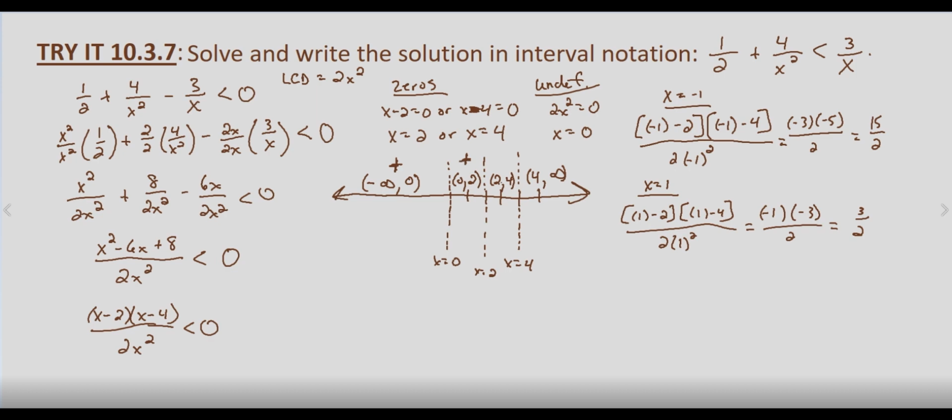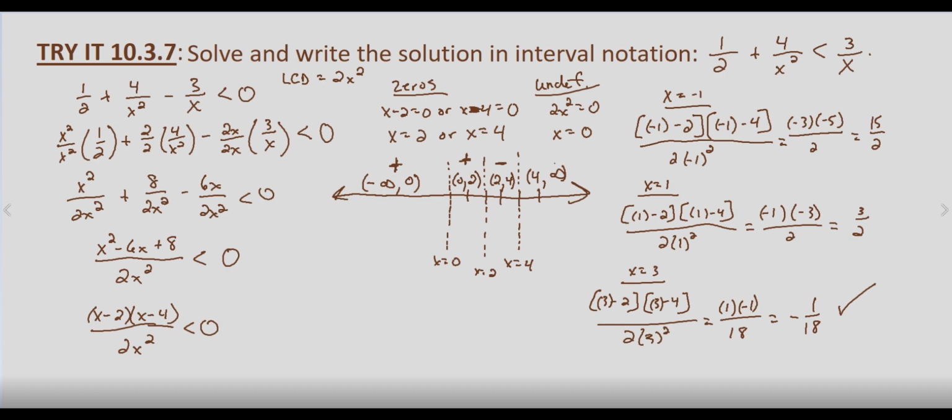On the interval from 2 to 4, let's just go ahead and use the middle, x equals 3. With x equals 3, we have 3 minus 2 times 3 minus 4 over 2 times 3 squared, which equals 1 times negative 1 over 18, which equals negative 1/18. So that's going to be negative. That does satisfy our inequality.